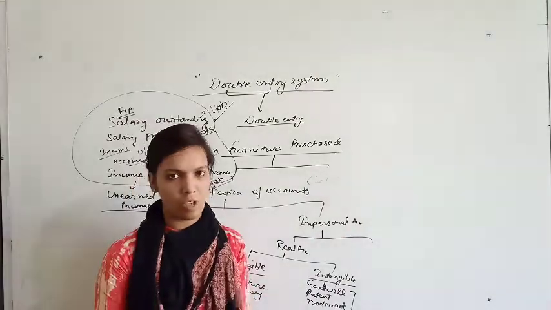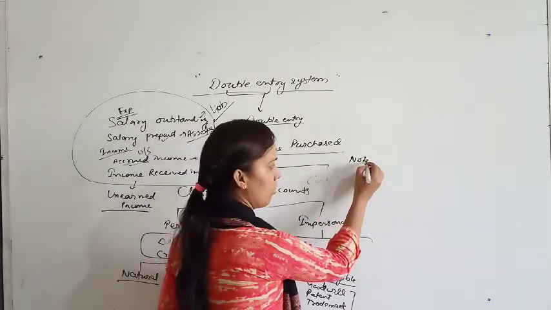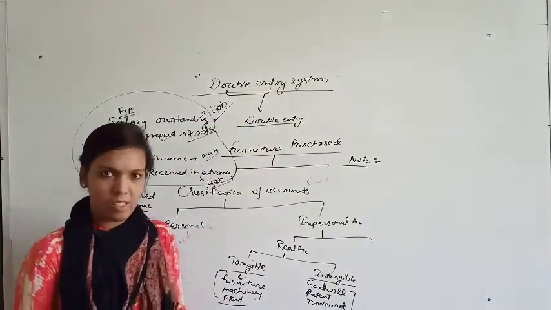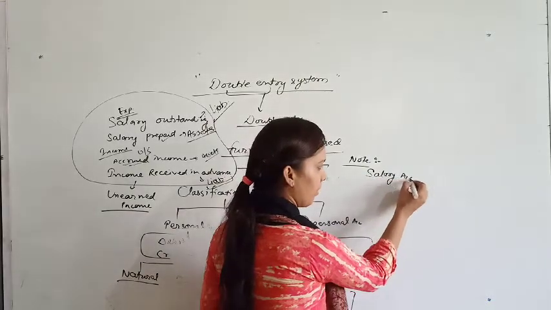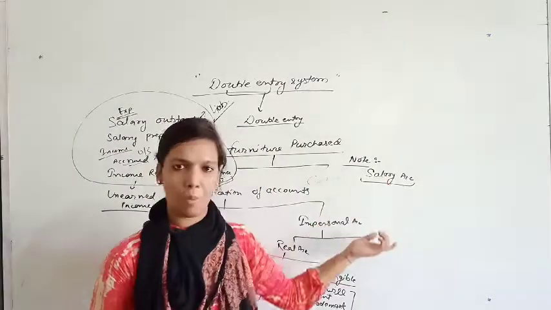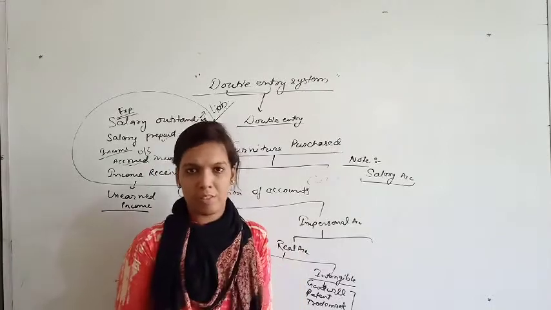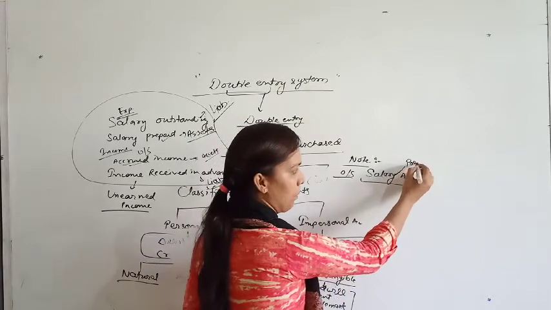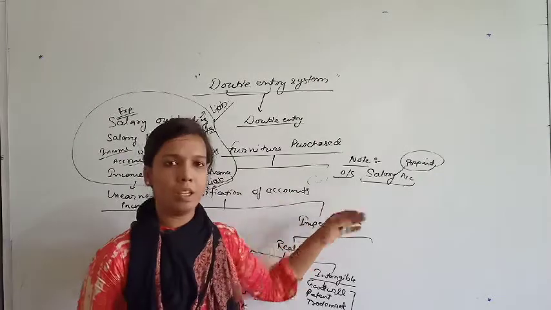And the third, that is your nominal account. One more thing I have explained, that is an important note. Suppose that if there is only salary account in the question, so that will be your nominal account. But if there is any suffix or prefix with the salary, like outstanding salary or prepaid salary, so these will be your personal account.